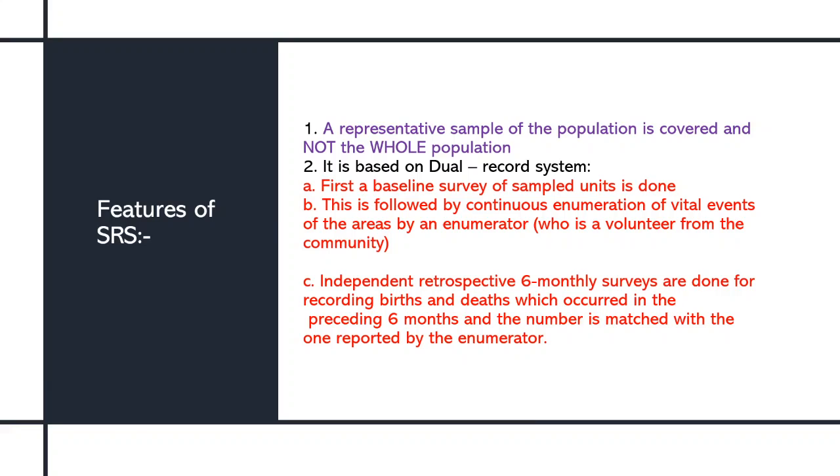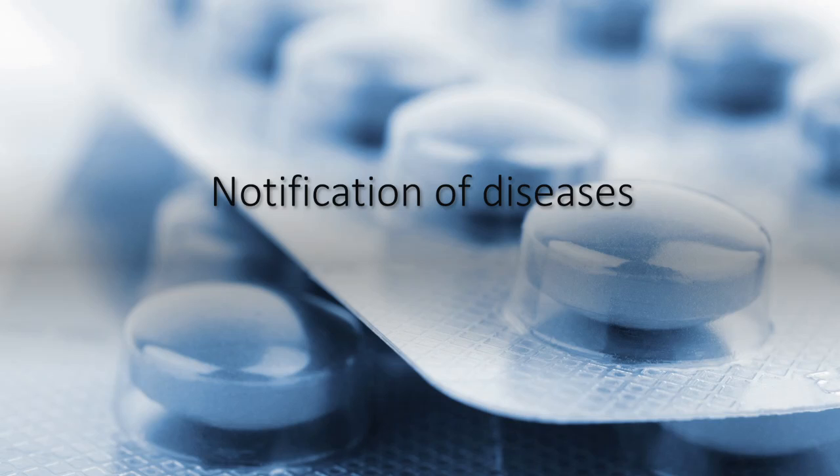Now the next one, notification of diseases. Disease notification is a practice of reporting the occurrence of a specific disease or health related condition to the appropriate and designated authority. A notifiable disease is any disease that is required by law to be reported to government authorities.